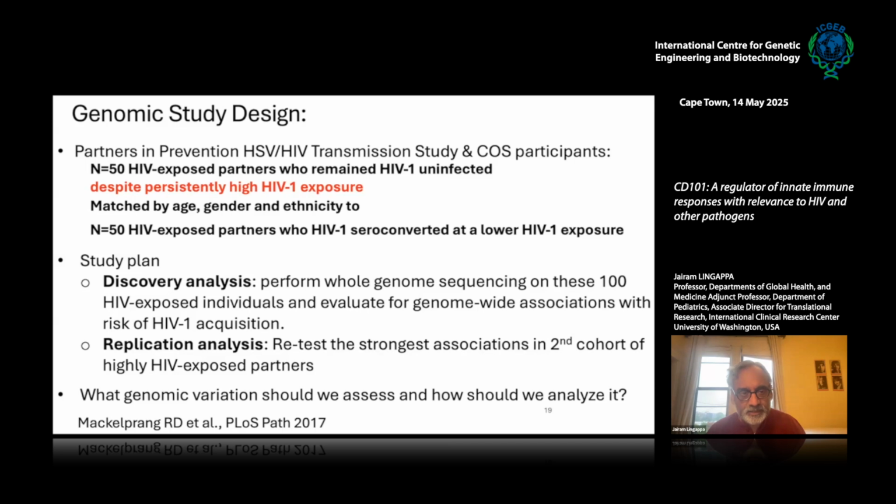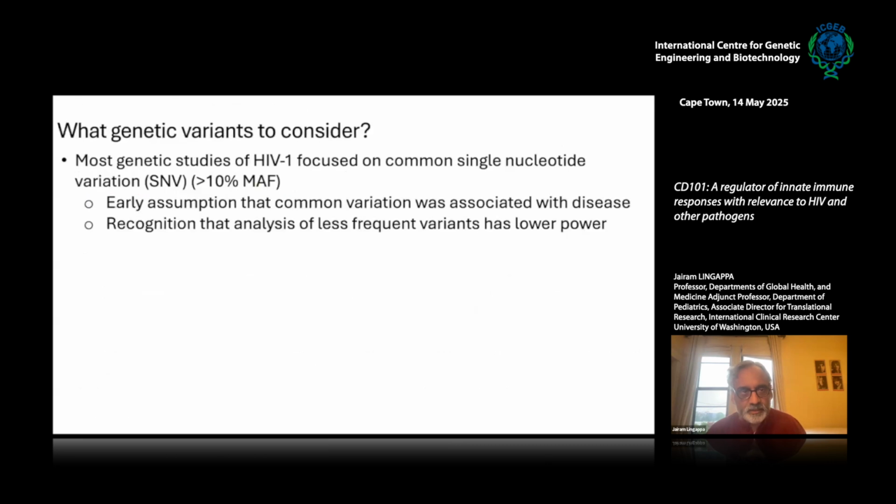So the next step in this study was to ask the question, what genomic variation should we assess and how do we analyze it? The issue there is based on the fact that most genetic studies of HIV and of many other genetic factors at that time, this is in the early 2000s, had focused on common single nucleotide variation that's relatively common.